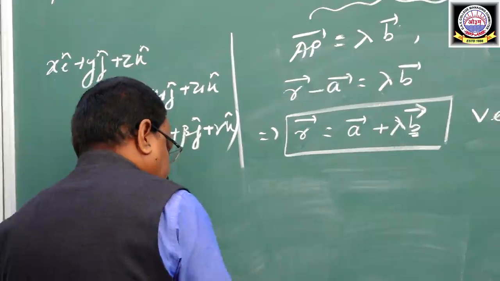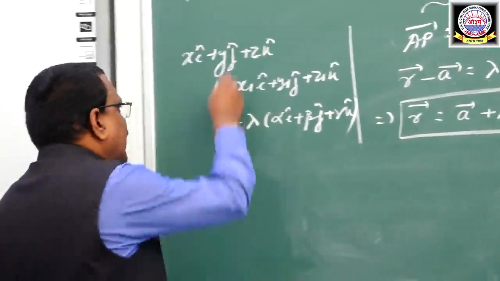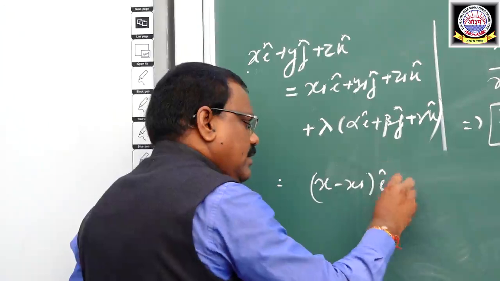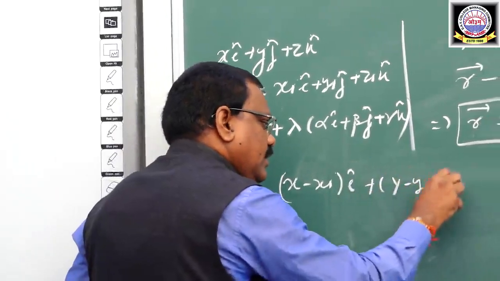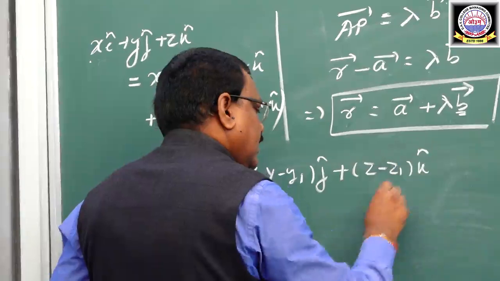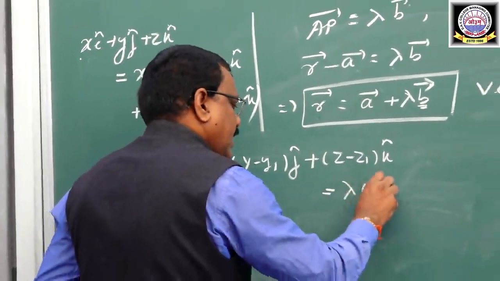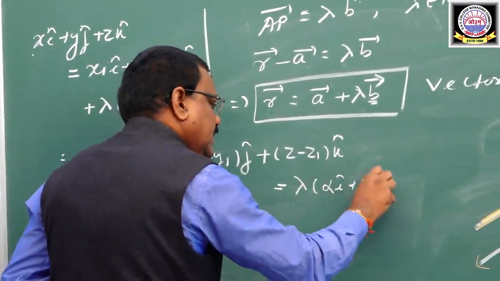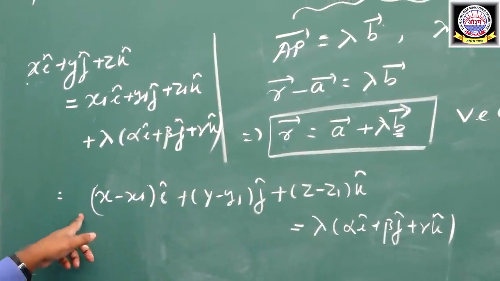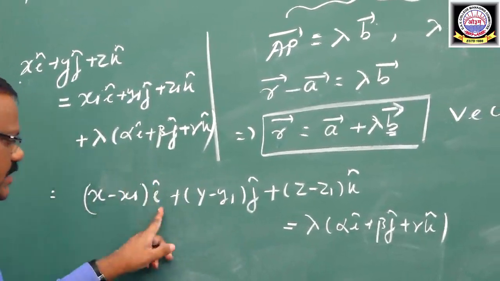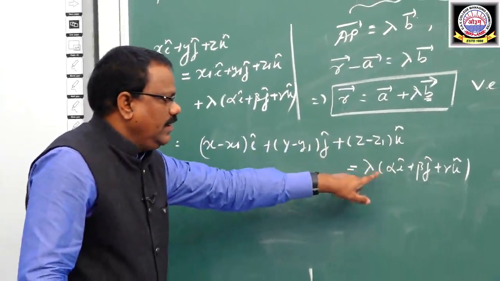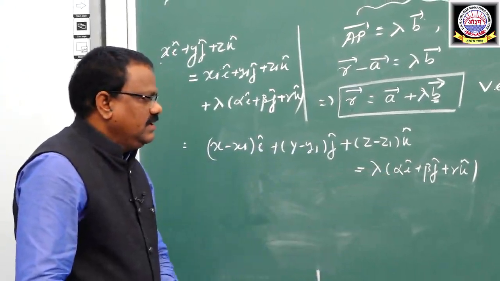So I can write x minus x1 i plus y minus y1 j plus z minus z1 k is equal to the right hand side, lambda times alpha i plus beta j plus gamma k.